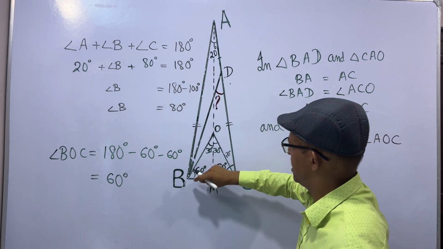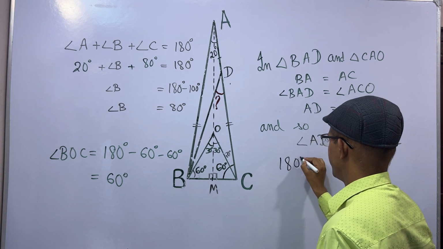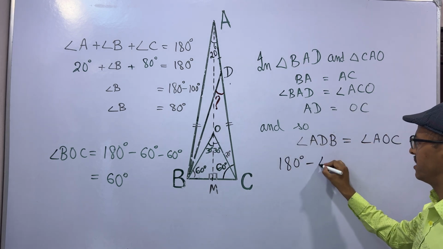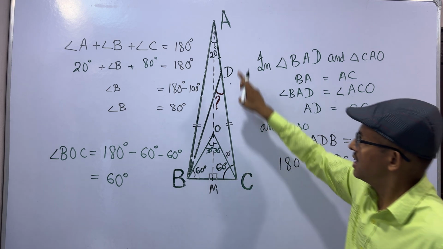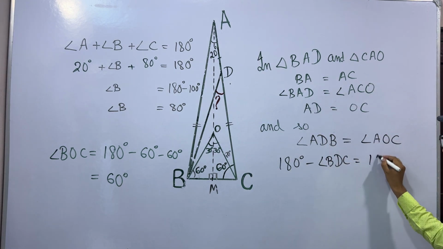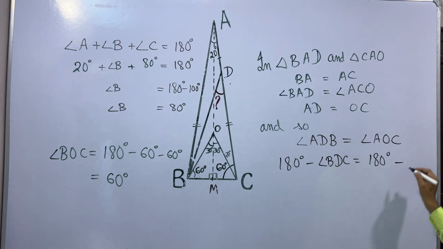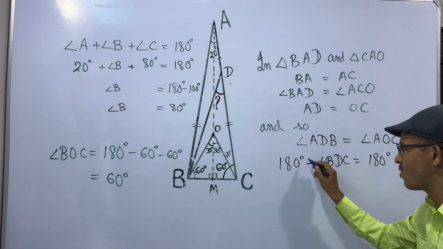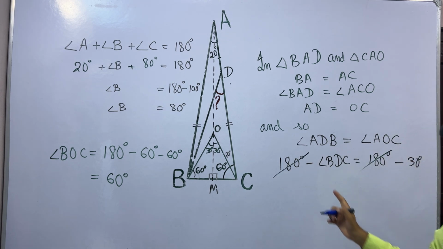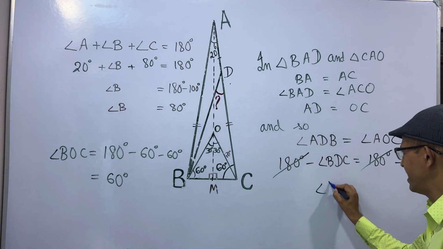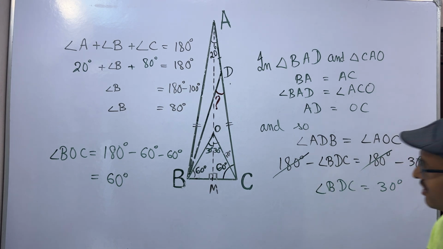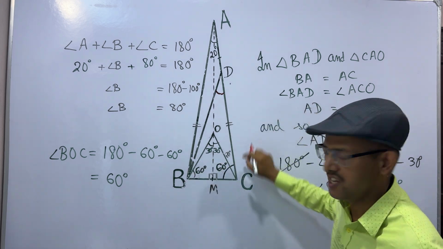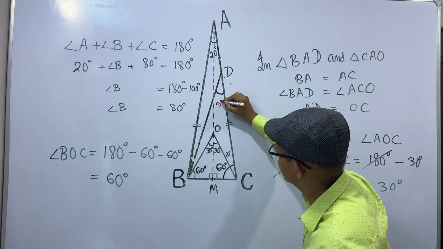However, angle ADB measures 180 degrees minus angle BDC, and angle AOC measures 180 degrees minus 30 degrees. We can cancel 180 degrees out, we can cancel the negative out, and say that angle BDC equals just 30 degrees. We got angle BDC to measure just 30 degrees.